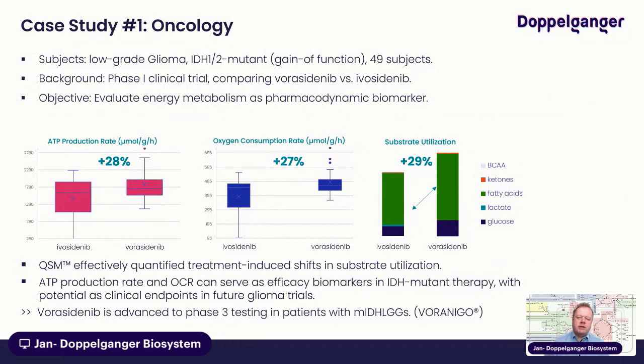The first case study I would like to highlight today is an oncology study. And here we analyzed tissue biopsies from low-grade glioma patients. And these patients have a rather rare mutation, IDH1-2. It's a gain of function mutation.